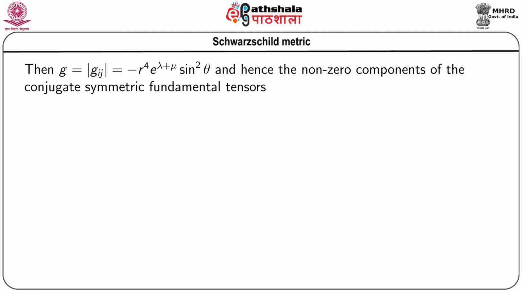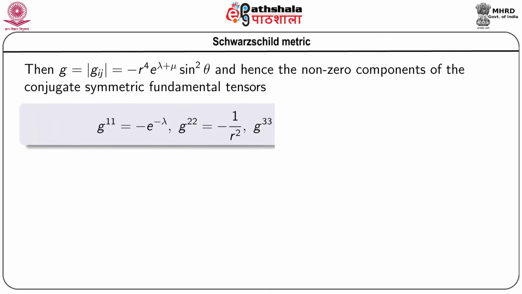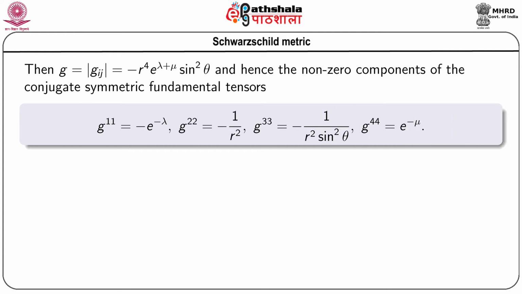So, the determinant of gij is coming to this expression, and thus we can find the non-zero components of the conjugate symmetric fundamental tensors, that is the contravariant reciprocal tensors: g upper 11 equals e to the power minus lambda with a minus sign, g22 equals minus 1 by r square, g33 equals minus 1 by r square sin square theta, and g upper 44 equals e to the power minus mu.